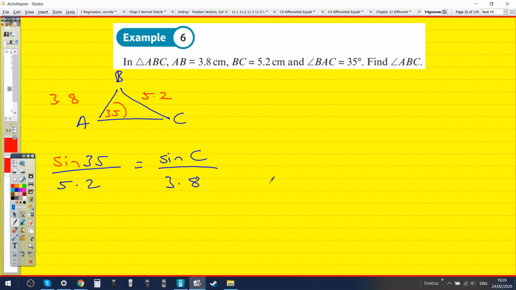And then I'll just use my calculator here again. And then you just do 180 minus those two angles. Yep. So I got that C is 24.78.